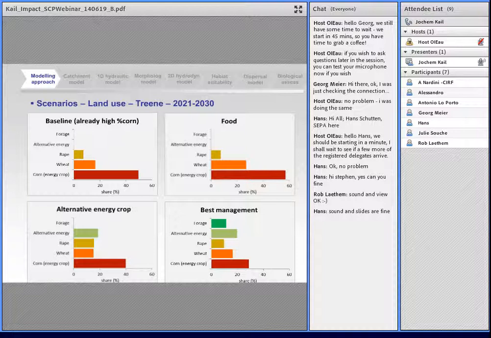The one we call food, where corn even increases more. Then there's an alternative energy crop scenario where we have alternative energy crops, of course, as the name says. And we have a best management scenario, which is the best from an ecological point of view, where we also have a higher share of grassland.